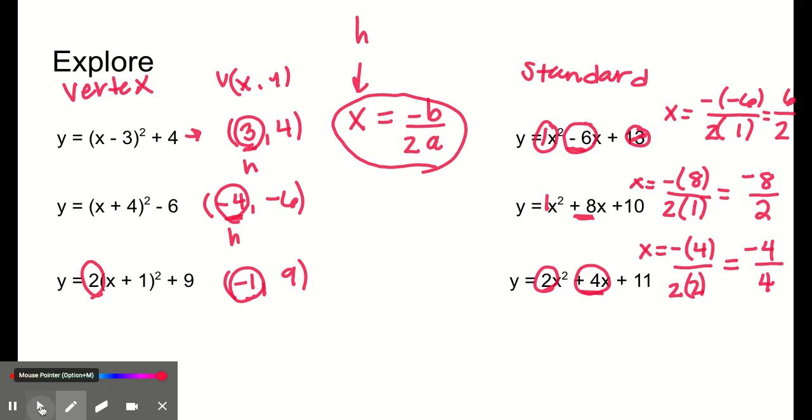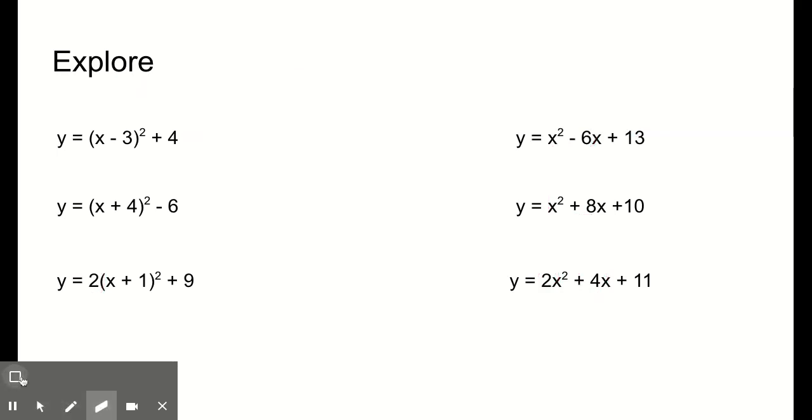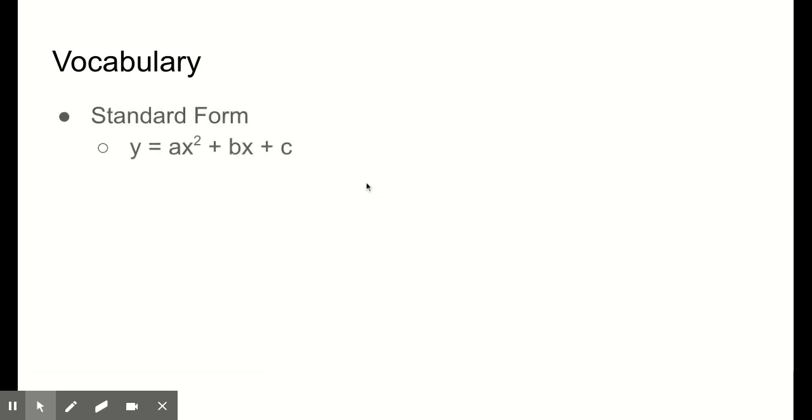Let's go ahead and write this down in our vocab. Our first vocabulary term, again, is standard form. Standard form is y equals ax squared plus bx plus c.